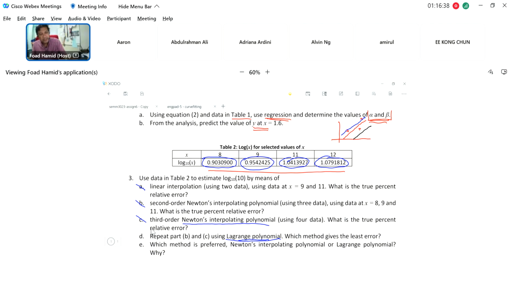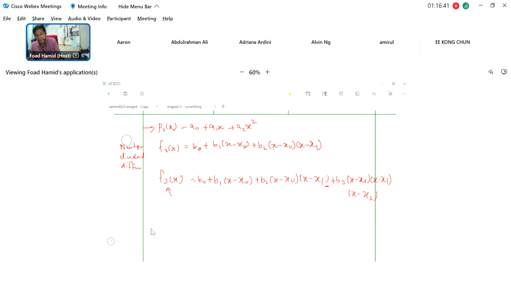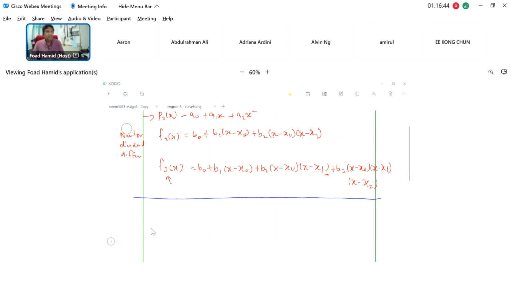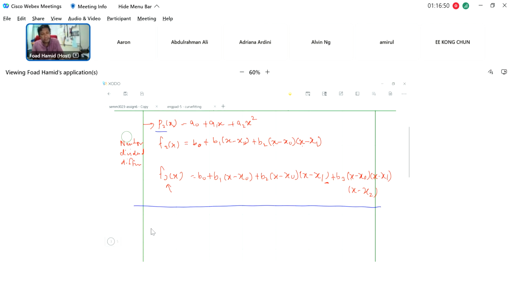Lagrange is another form of polynomial. Remember that this is the standard form, this is the Newton divided difference form, and now we have one more, which is the Lagrange interpolating polynomial, which has the form of fn(x) equal to the summation of Li(x) f(xi).